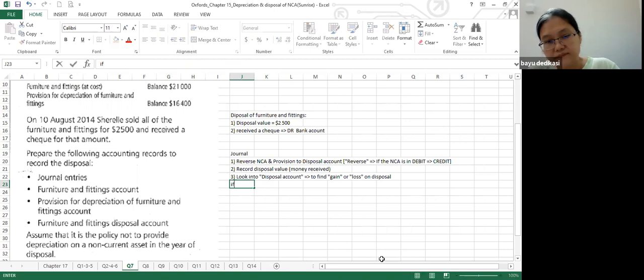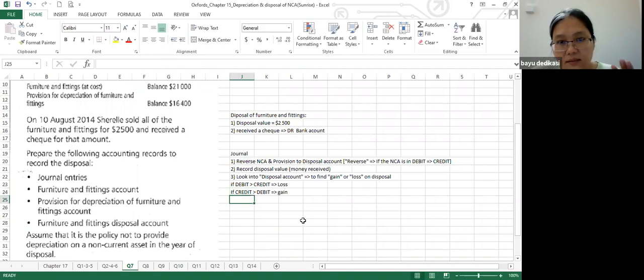If the debit is more than the credit, you will have a loss. Okay? If the credit is more than the debit, you will get the gain.